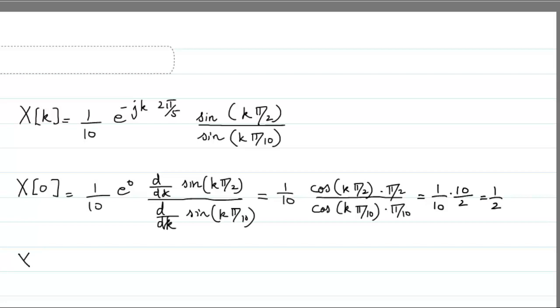Okay, x of 1 is equal to, now you have to put the value of k is equal to 1, so I will get 1 by 10 e raised to power minus j 2 pi by 5, which I can write as 1 angle minus 2 pi by 5 radians.